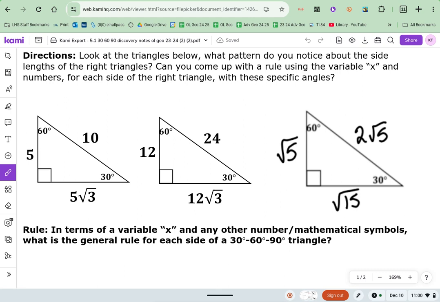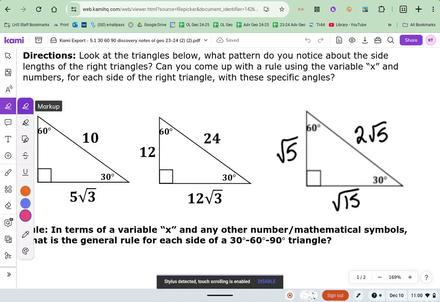Okay, let's talk about it. Somebody tell me what you noticed. On the first two columns, it's like 5 times 2 is 10. Okay, that's a good observation. So you're saying that 5 times 2 gets to the hypotenuse.